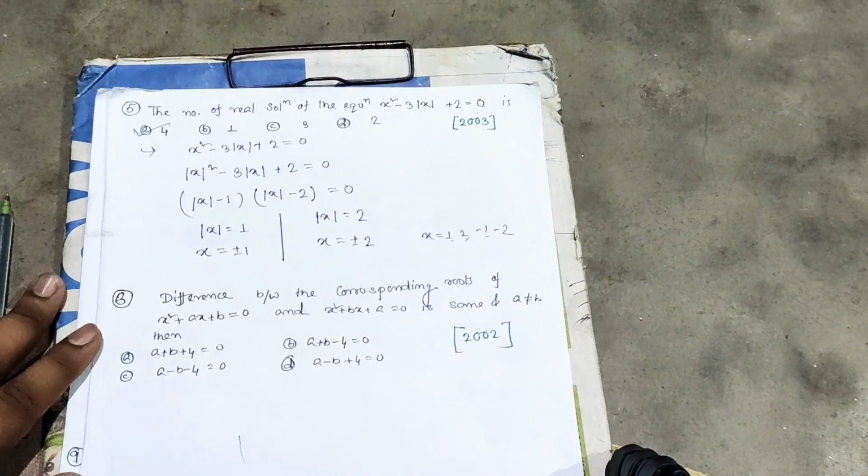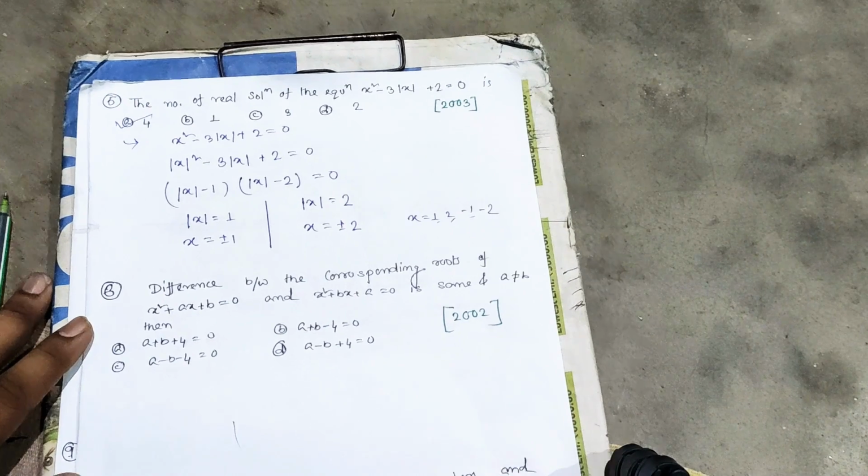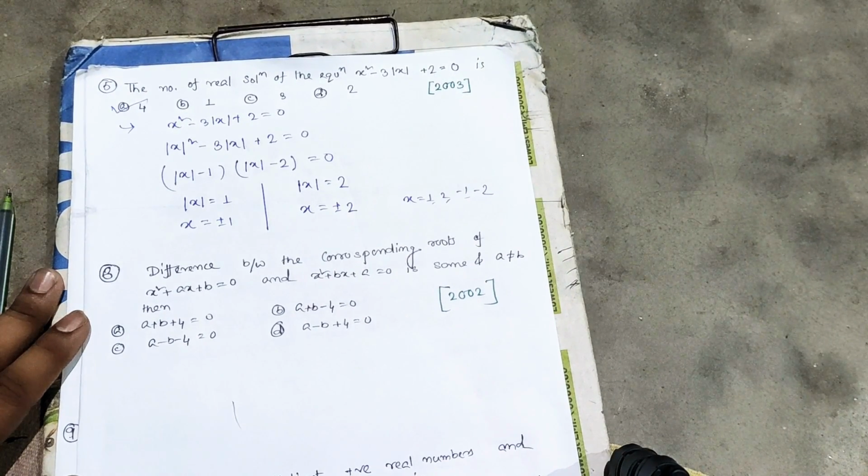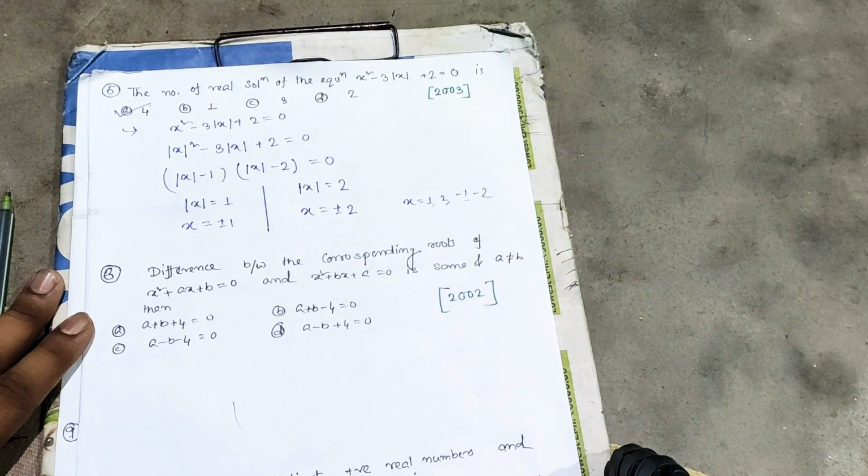The next question, question number 6: the difference between the corresponding roots of x square plus ax plus b equals 0 and x square plus bx plus a equals 0 is the same and a not equal to b, then these four options, and it was asked in JEE Main 2002.